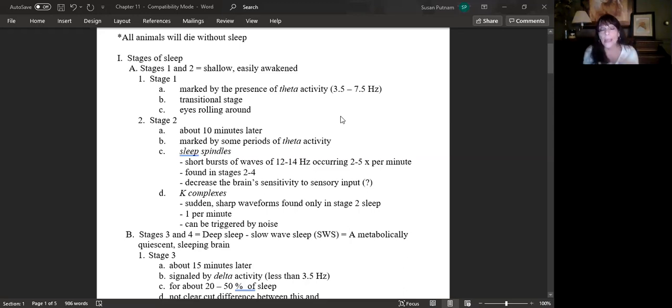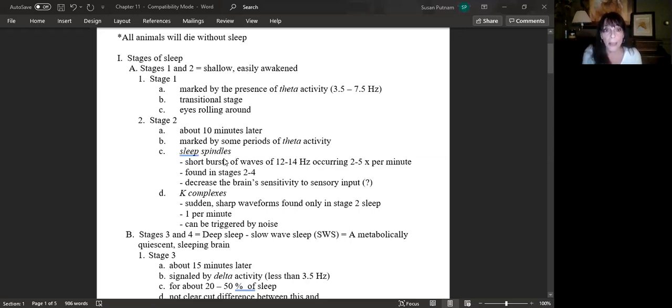Now, some of these time frames are going to be a little bit different depending on the individual, but generally speaking, stage 2 starts about 10 minutes after the onset of stage 1. It is marked by some periods of theta activity, but now we see something called sleep spindles.